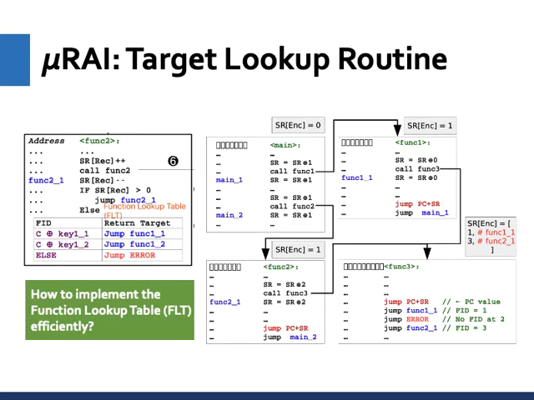It is done by the target lookup routine. To make it efficient, it directly uses the value of the FID as a distance for a relative jump. For example, here, func3 has two possible values, 1 or 3.